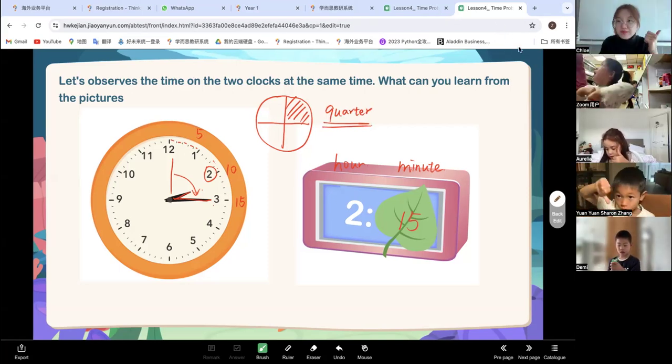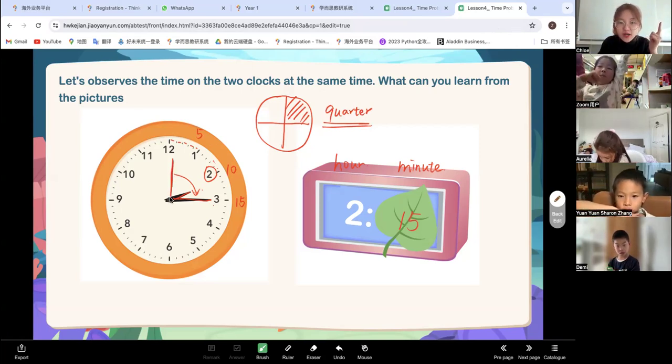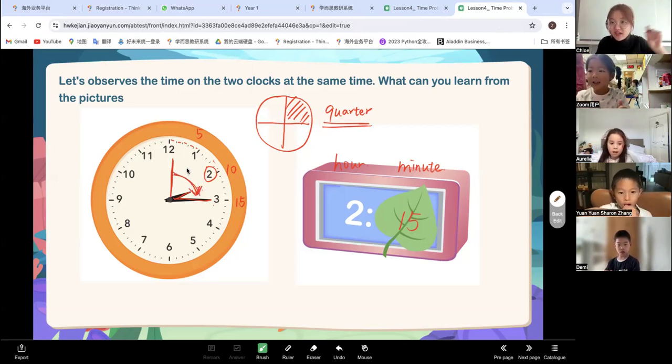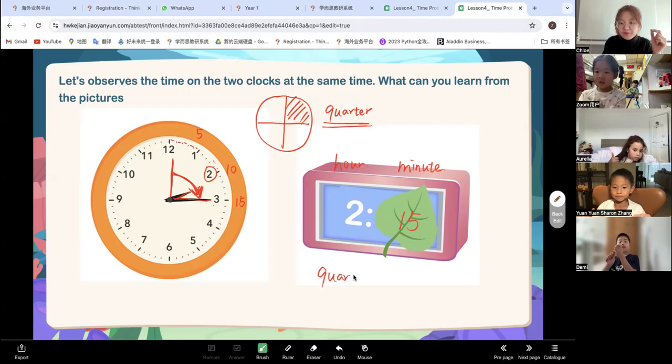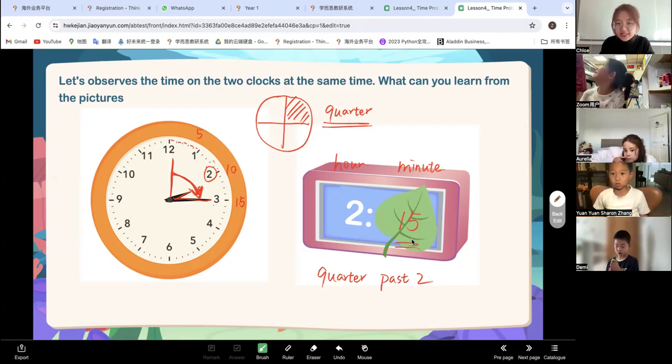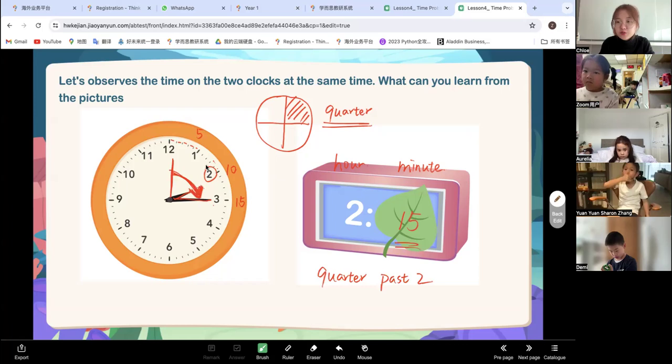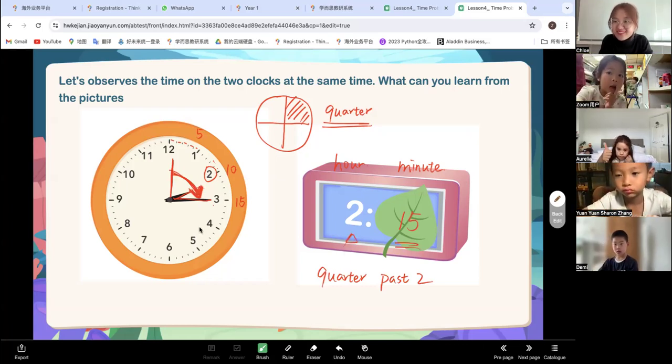So when the minute hand travels from 12 to 3, is it a quarter of the circle? Yes. So we will read it as quarter past 2, because 15 minutes means a quarter on the clock. So that's quarter past 2, past the hour. Can you follow me? Great, thank you.